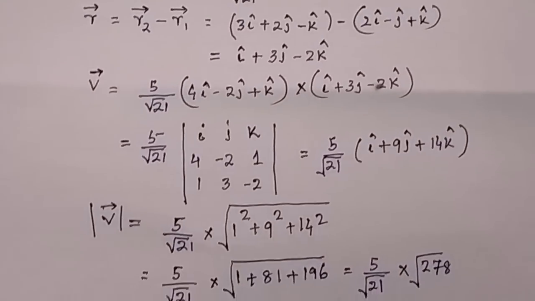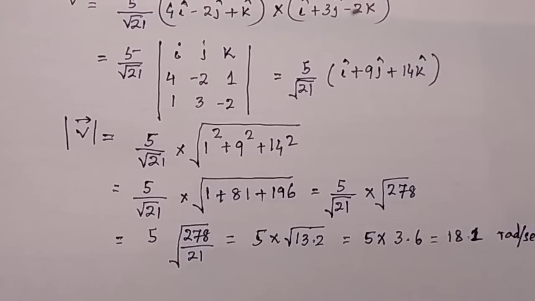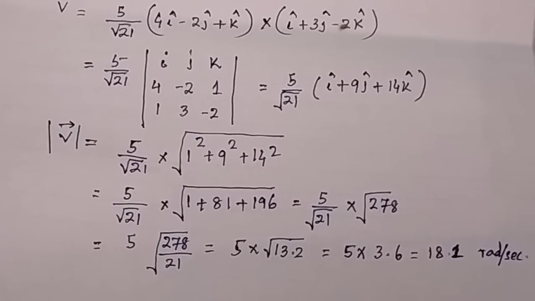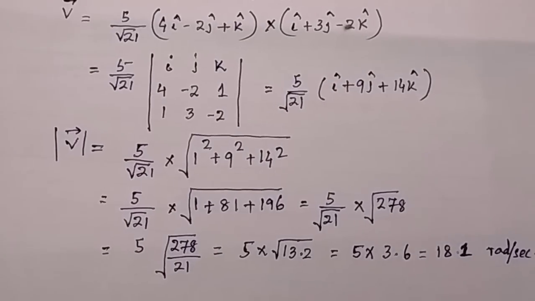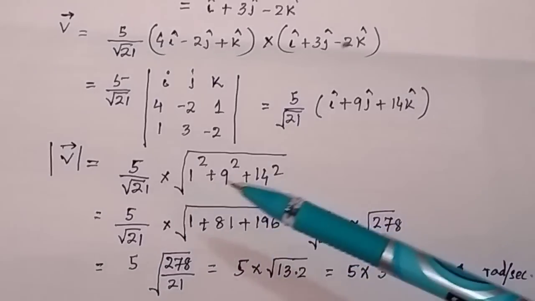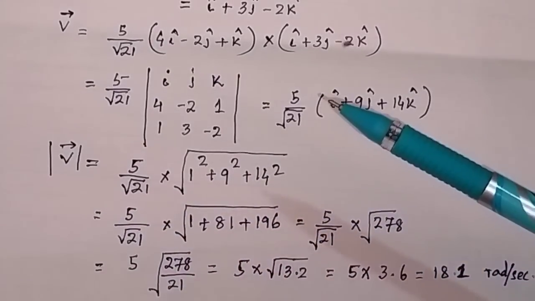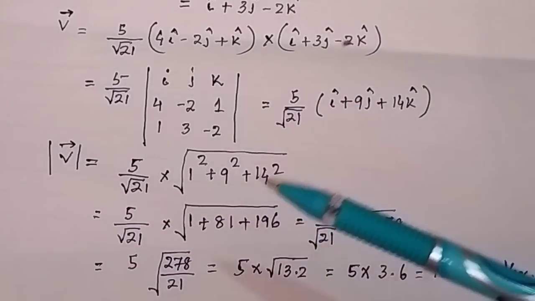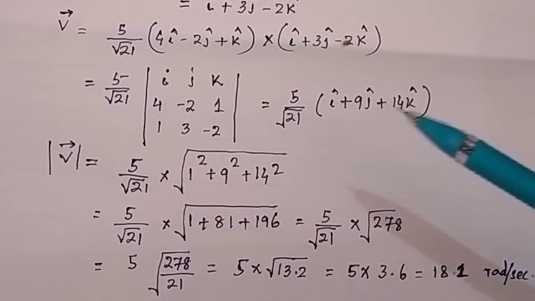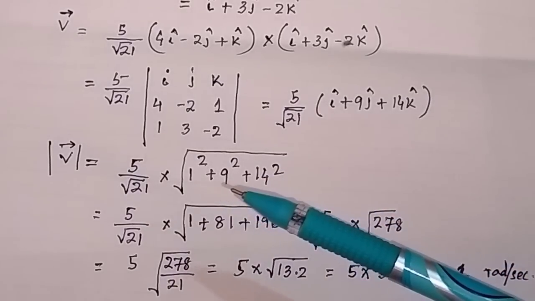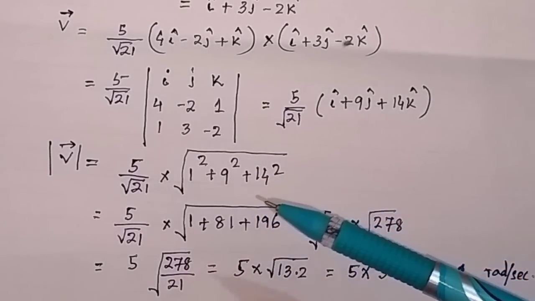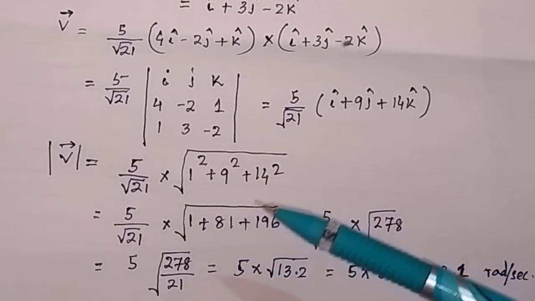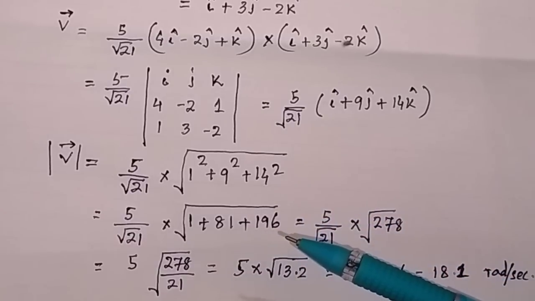Then you find the magnitude of the linear velocity vector. The magnitude of the linear velocity vector will be equal to 5 divided by square root of 21, and the magnitude of this vector is square root of 1 square plus 9 square plus 14 square. So 1 plus 81, and 14 square is 196.